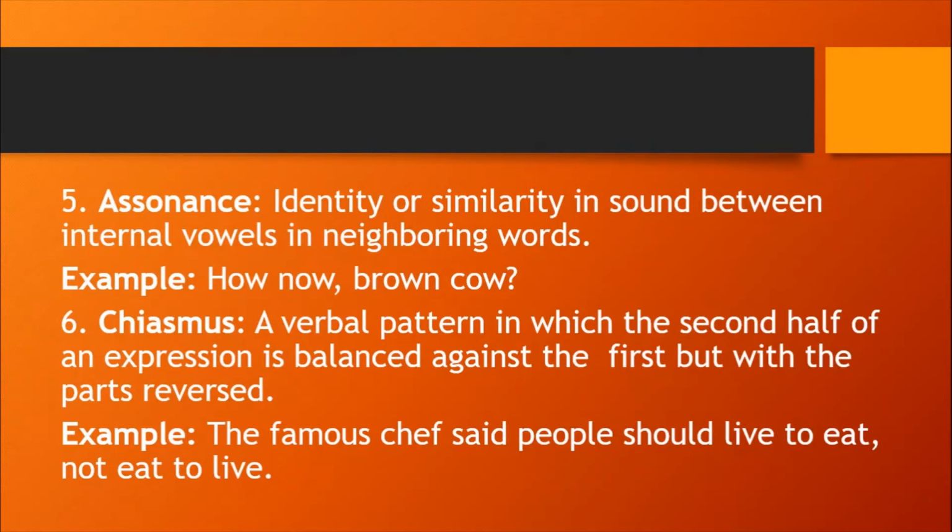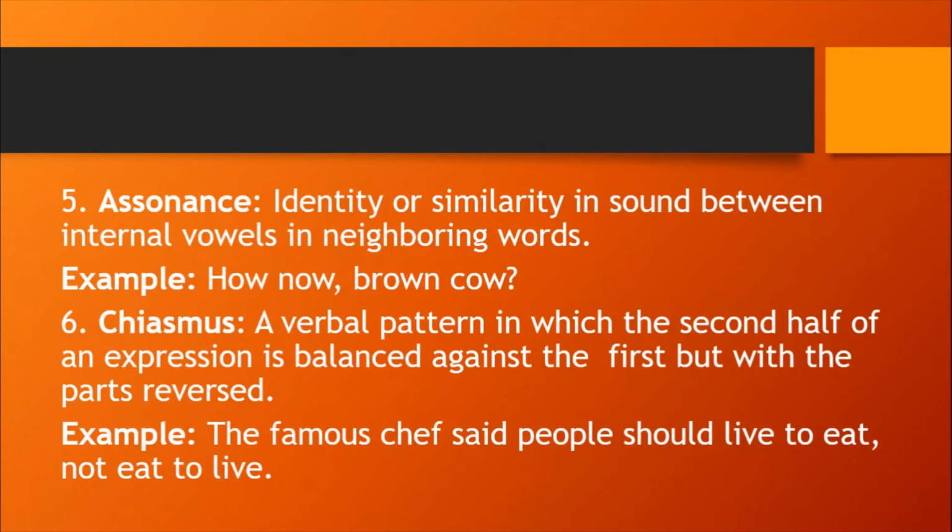Okay, next for number 6 we have what we call the chiasmus. It is a verbal pattern in which the second half of an expression is balanced against the phrase but with the parts reversed.